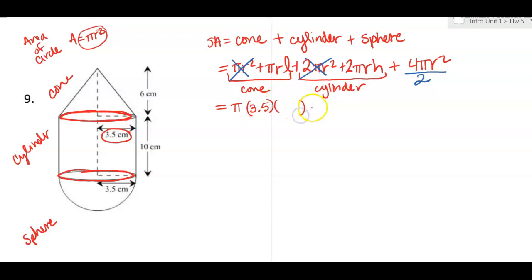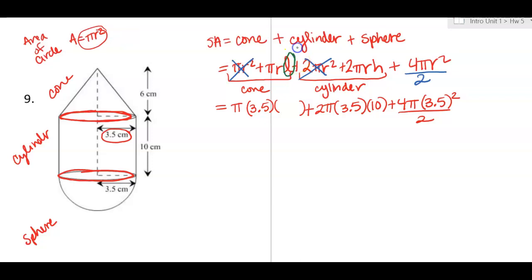So I'm going to leave a spot for the L, the slant height, and I'm going to come back to it in a minute because these other measurements seem a little easier to see. The height of the cylinder is 10. And again, the radius of the sphere matches with those other objects. It's being divided by 2. And so the thing we're missing here is this slant height.